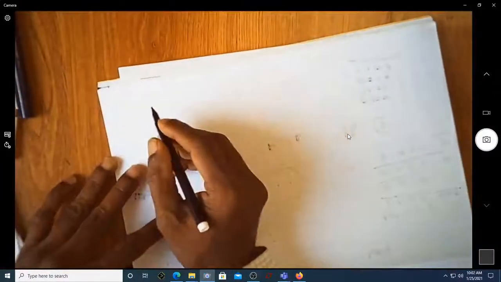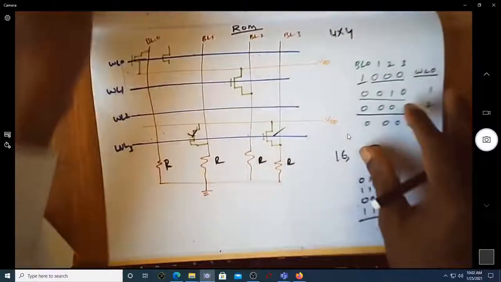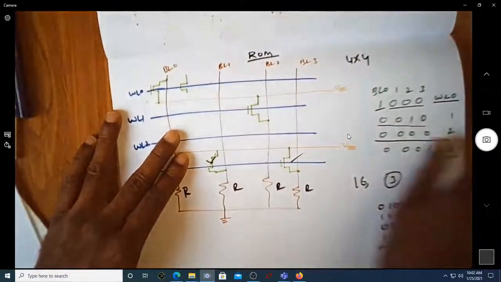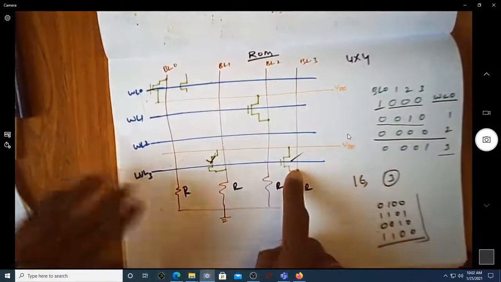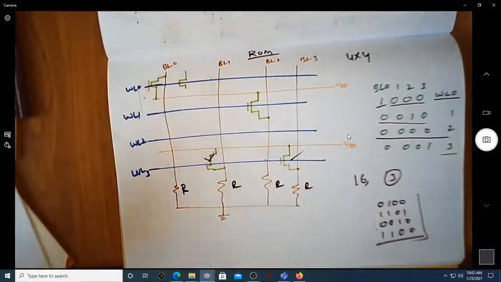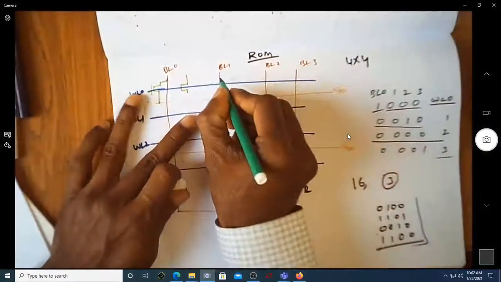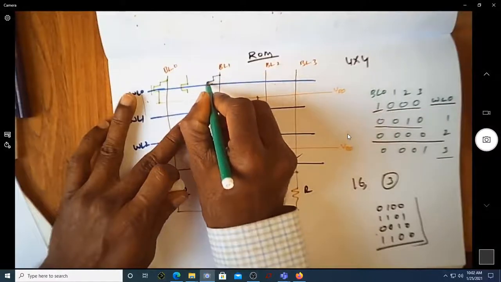So let us try to find out something. Instead of having a transistor wherever you require, how about having a transistor for all 16 combinations, meaning instead of having only 1, 2, 3, let me have a transistor in all 16 combinations. We're going to fabricate one more transistor here.